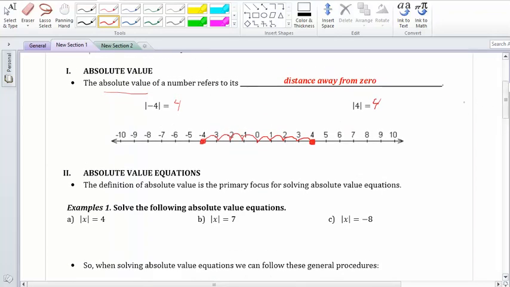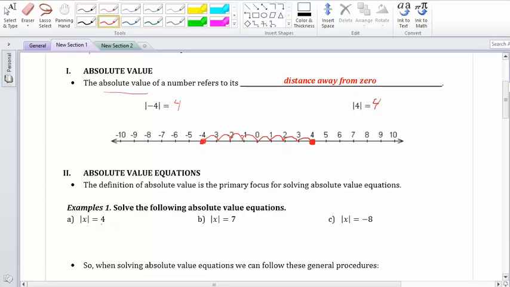Now, before we actually do solving and look at some more difficult examples, let's first take a look at just some basic ones. We have the absolute value of x equals 4, x equals 7, and x equals -8. We can do this without even knowing how to solve. If we just think about this intuitively, the absolute value talks about the distance away from 0.